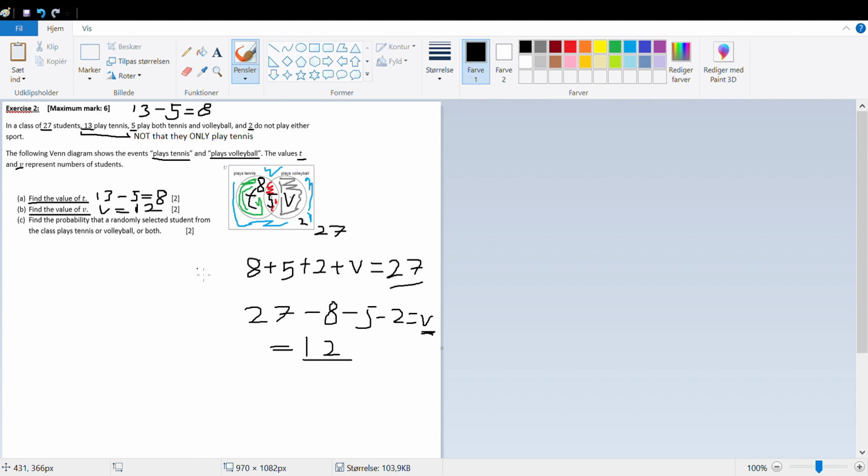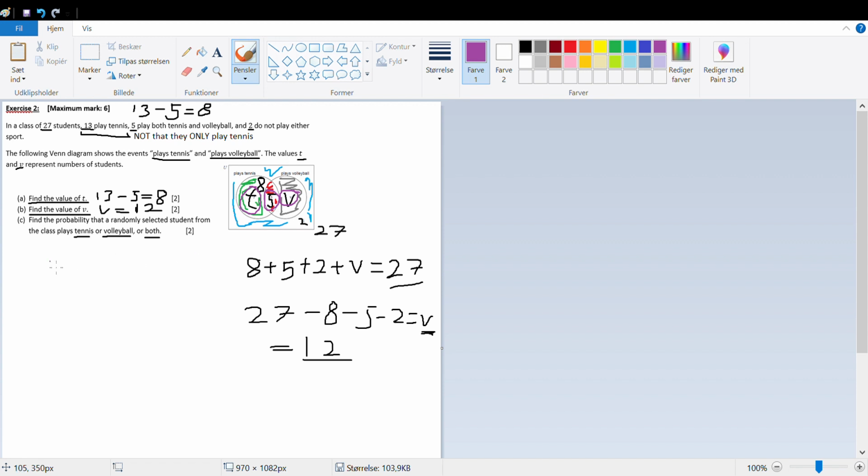Okay. The final point is now to find the probability that a randomly selected student from the class plays tennis or volleyball or both. Right, so where can this student land? I'm going to use pink. The student could land here, the student could land here, and the student could land here.